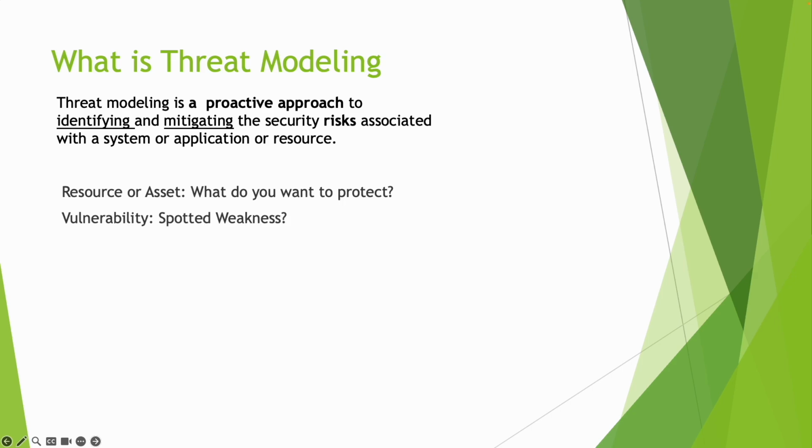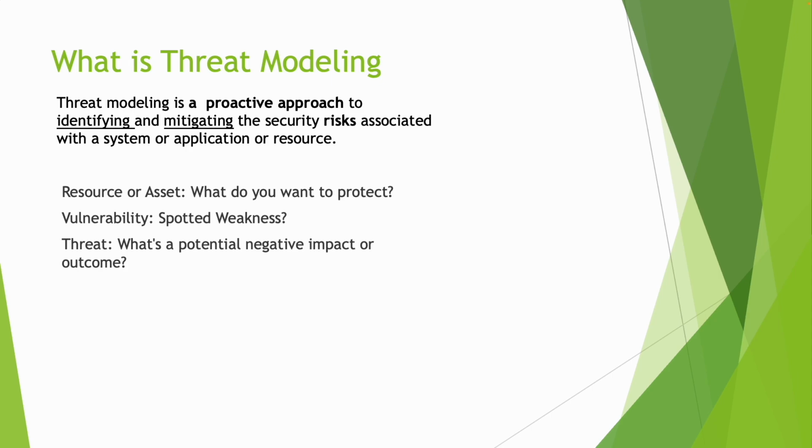And next one is the vulnerability. Vulnerability is a weakness or a gap in security measures that can be exploited by threats to gain unauthorized access or disrupt operation or compromise the resources. Vulnerabilities can exist in technology, process, people, or physical environment.